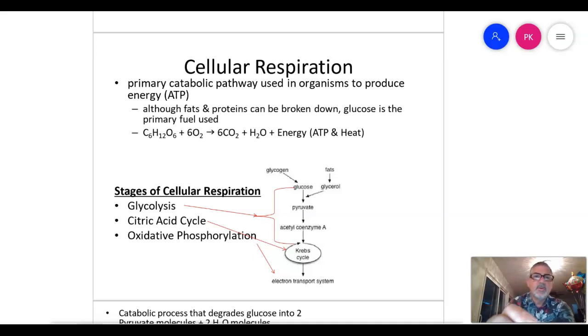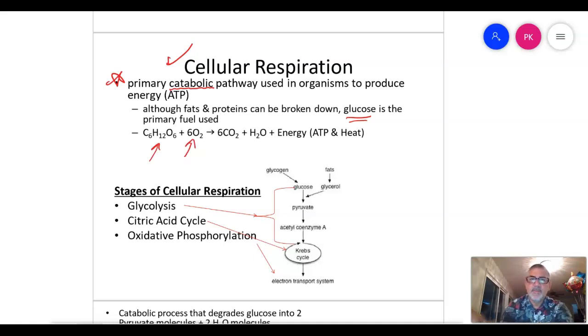All right, so we'll talk about cellular respiration. Cellular respiration is the primary catabolic, there's that word again, pathway used to produce energy. So it's the breaking down of glucose, right? That's our primary fuel. So C6H12O6, that's glucose, and there's oxygen.